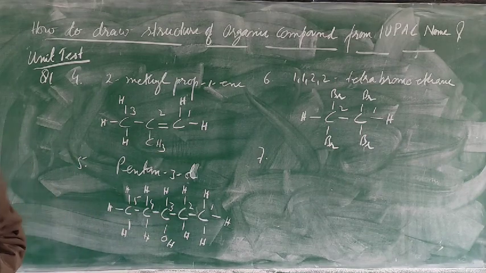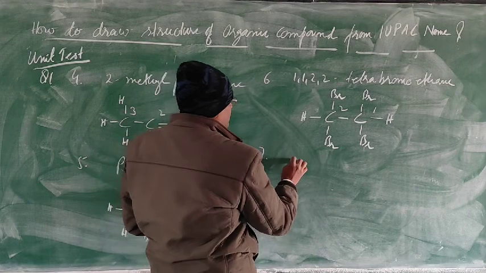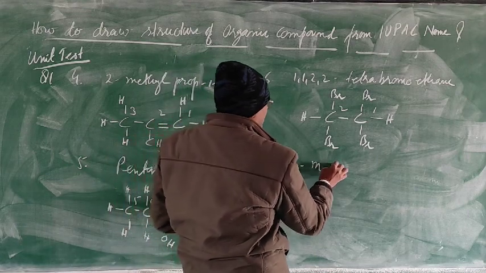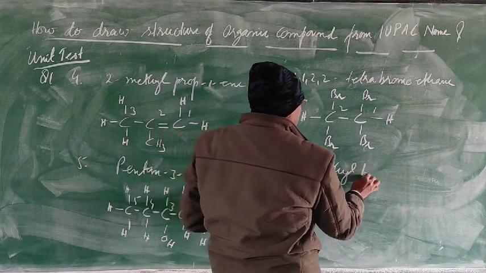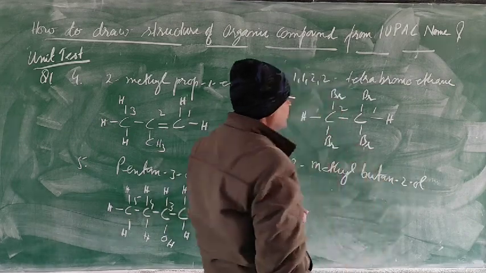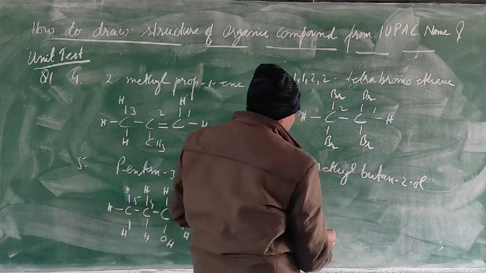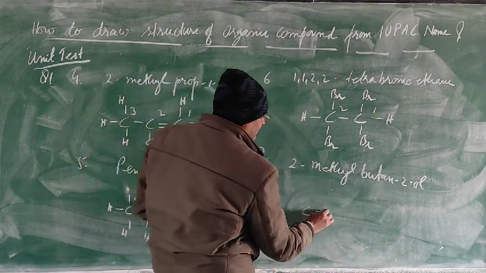Now the seventh one is 2-methylbutan-2-ol. So what is the root word here? The root word is butane.